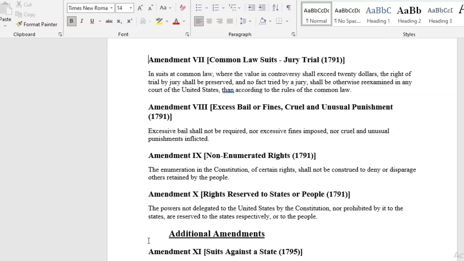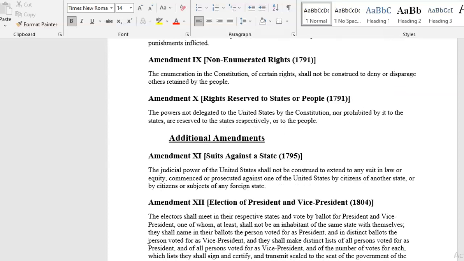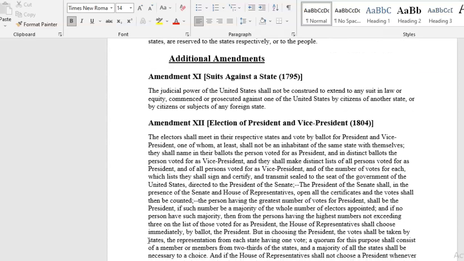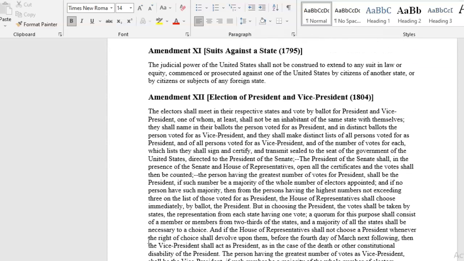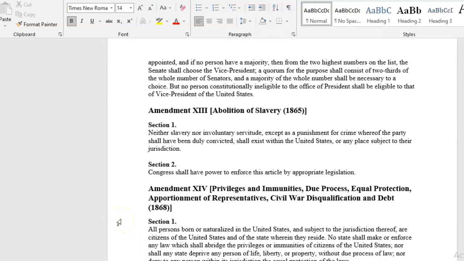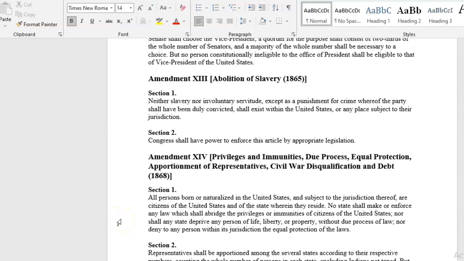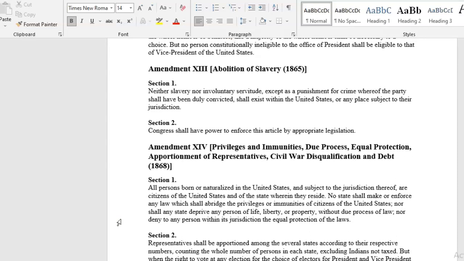Now, that doesn't mean that's all the Constitution says about our rights. Again, like I said, there are several others, and we're going to look over these as well. But let's look at the ones in particular.